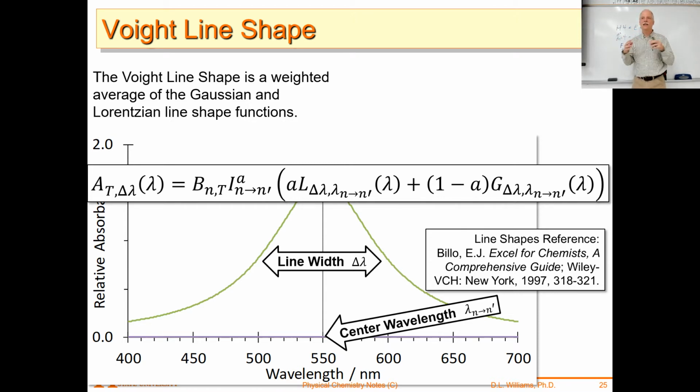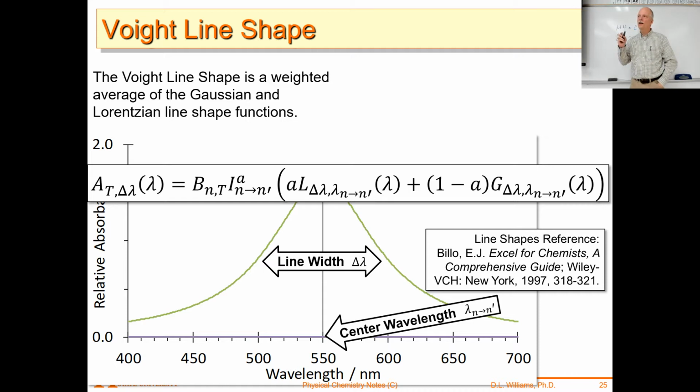So the natural line shape is the Lorentzian line shape. If you get a high enough resolution spectrometer and you start doing high resolution studies, you might start to see that your peaks look less and less Gaussian. You may not have the highest resolution, so you may not see the Lorentzian line shape perfectly, but you might start to see some percentage of it. And so the Voigt profile allows you to add in like 20% Lorentzian and mix that with your Gaussians and get a really nice profile.